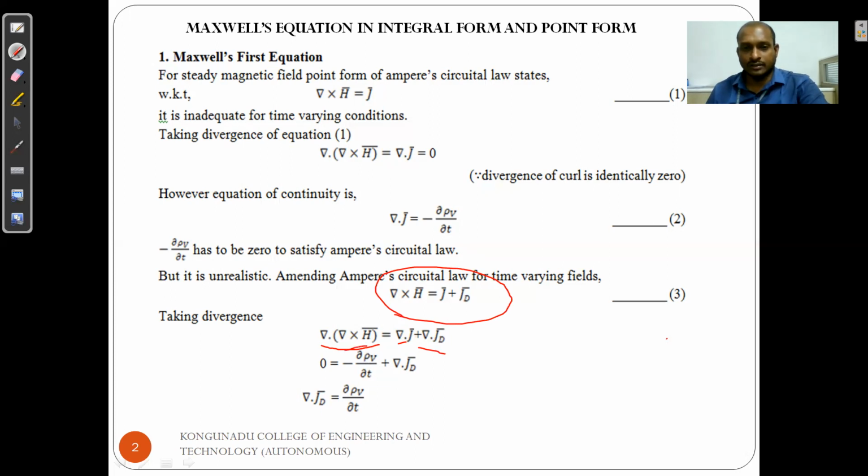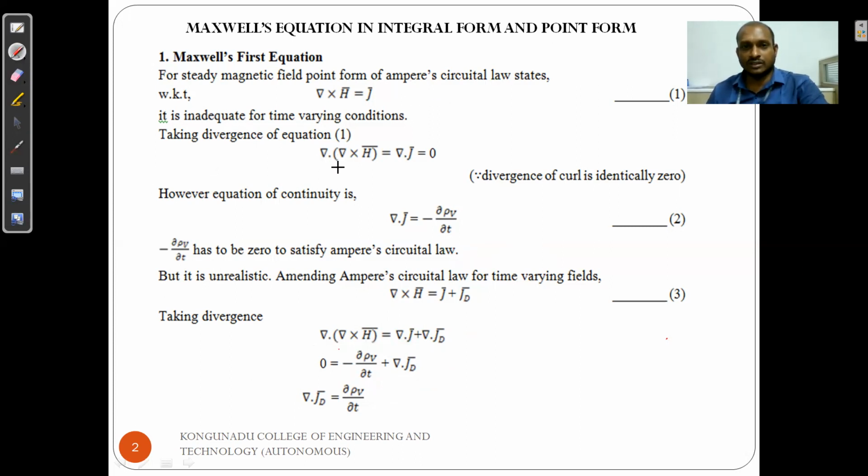We already know the continuity equation: del dot J is equal to minus dou rho v by dou t. So from this equation, del dot JD is equal to dou rho v by dou t. To recap: first we take del cross H equal to J, the steady state magnetic field condition.